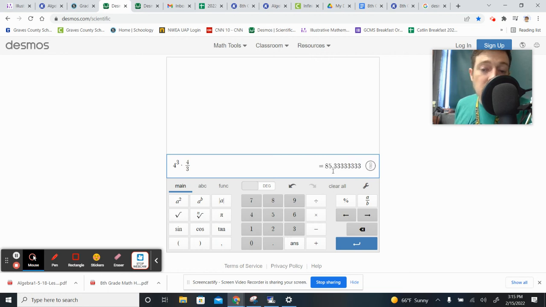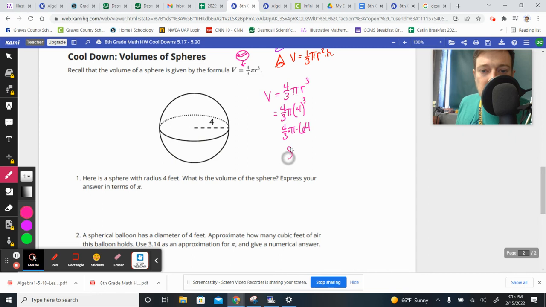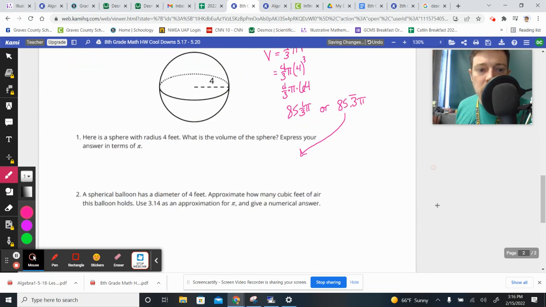I'm probably just going to say 85 and a third because I know that 0.3 repeating is a third. So I'm going to write 85 and 1/3 pi. Or if you want to stick with your decimals, I know a lot of you guys love your decimals, you can do that as well. Same thing. All right, so that's our answer to number one. We're expressing it in terms of pi.